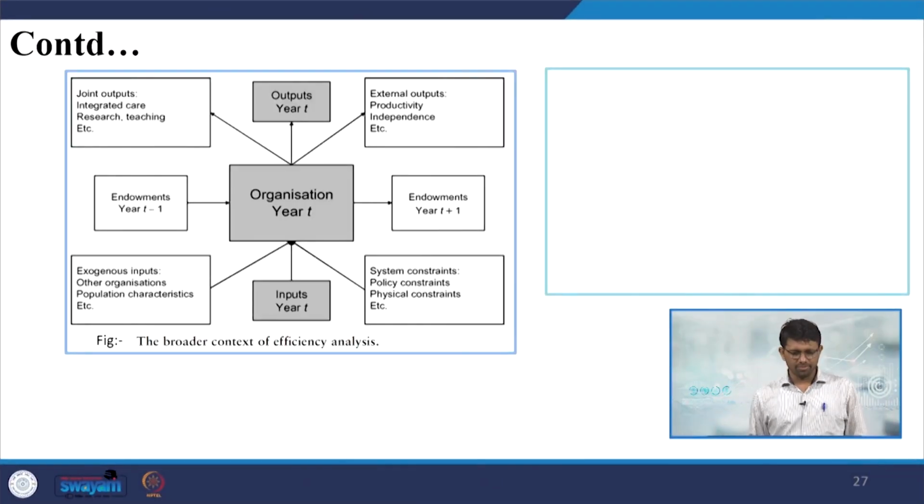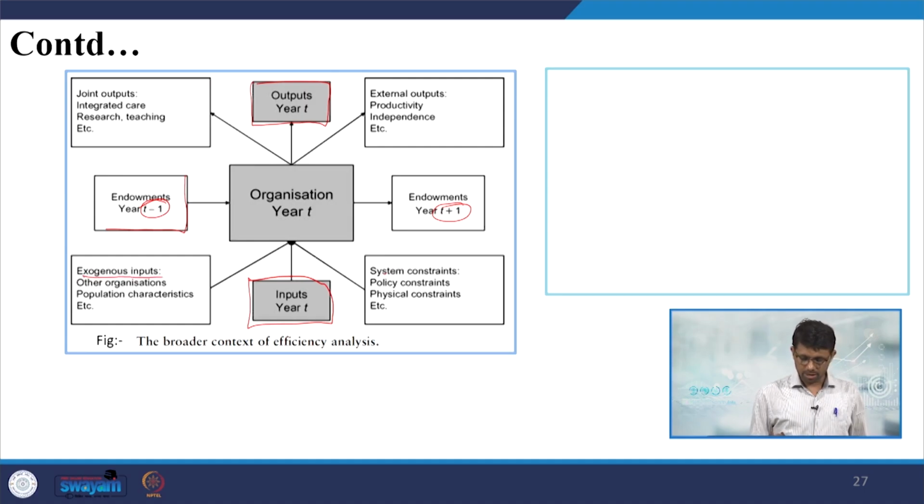So, overall, as I already said, we are starting with an organization. We will be comparing its output to its inputs. This is our standard basic model. However, there are so many factors we need to take into account, like the T minus 1 period to T plus 1 period, endowment, exogenous inputs.